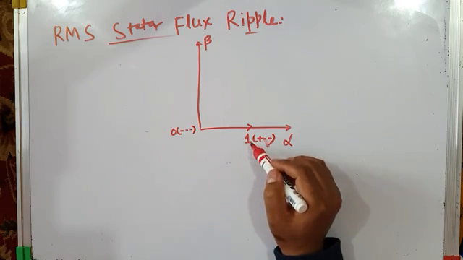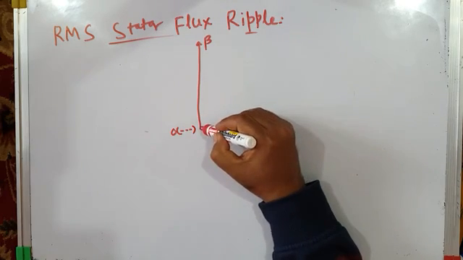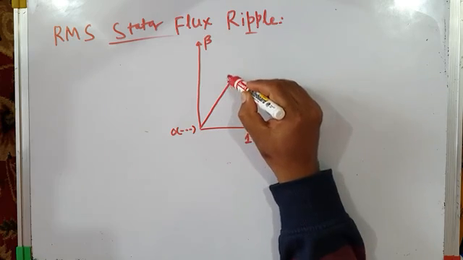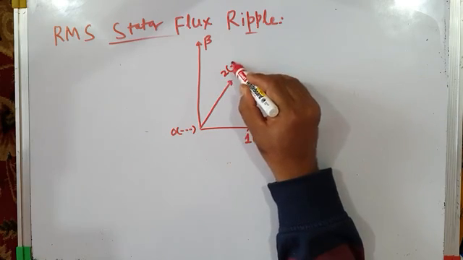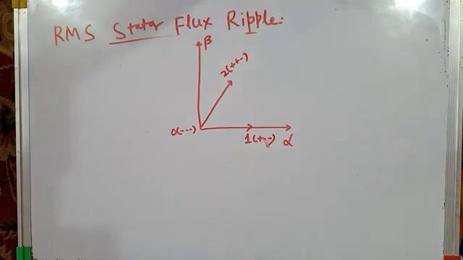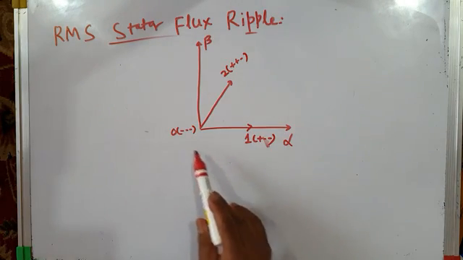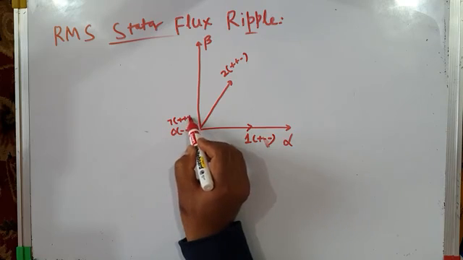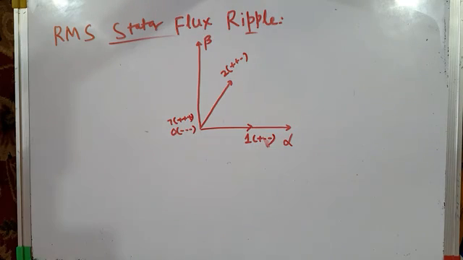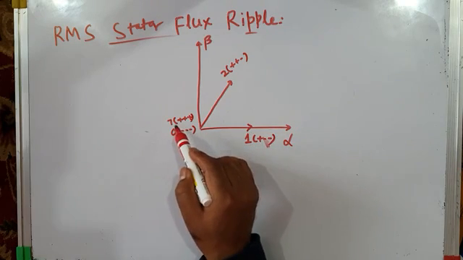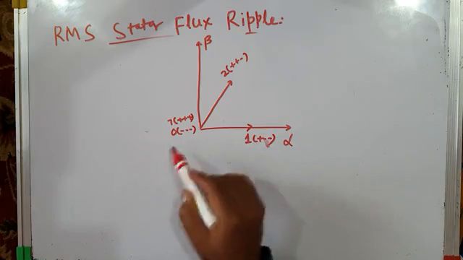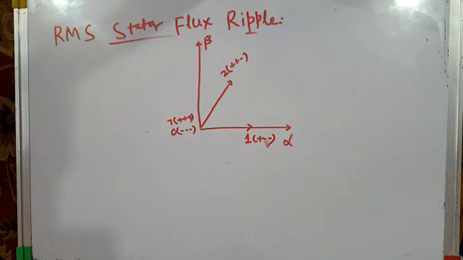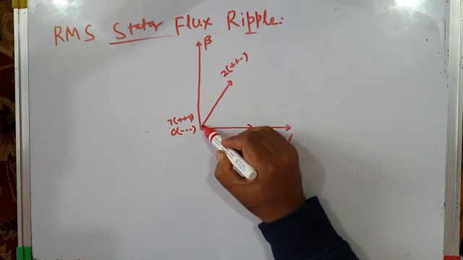Active vector 1 is applied for time interval t1, and then this is active vector 2, which is applied for time interval t2. Okay, so the sequence is 0, 1, 2, and then we have another null vector 7, which is also applied for time interval tz by 2. So the sequence is like this: 0, 1, 2, 7, and then 7, 2, 1, 0. That's the sequence.